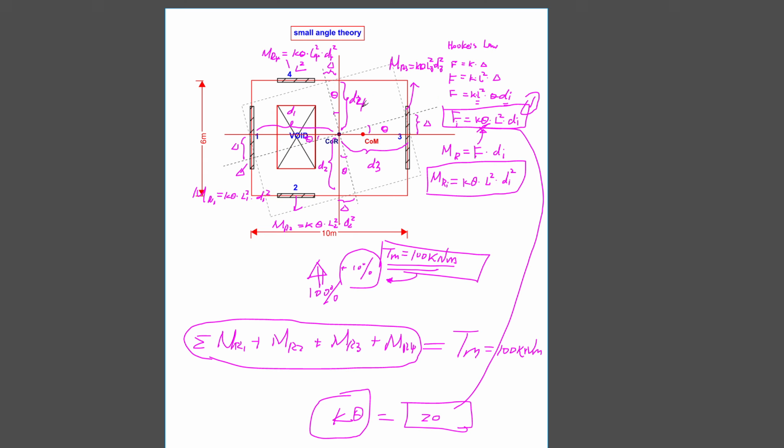That's why we're using this small angle theory based on Hooke's law. Once we work out the k theta, we can substitute the k theta value back into Hooke's law, and we will find our individual forces for each wall. Alright, so yeah, this is the small angle theory.